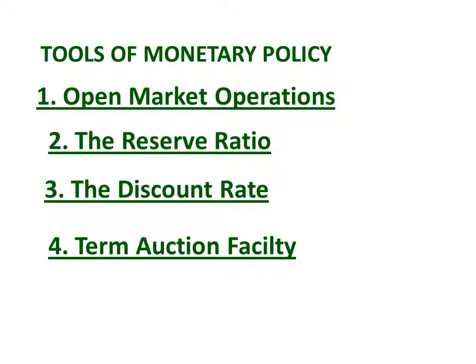But remember, that reserve ratio has a double impact. If the Fed were to lower the required reserve, number one, it immediately impacts the amount of excess reserves that banks hold, but it also directly influences the size of the money multiplier. So the reserve ratio is the most powerful tool of monetary policy, but it's also the least frequently used tool of monetary policy.